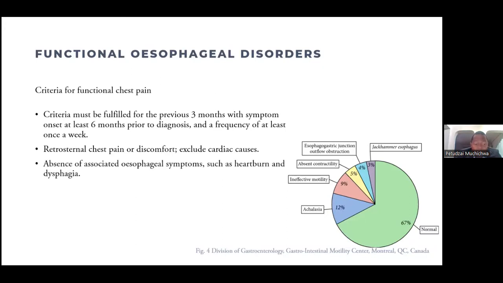The absence of associated esophageal symptoms such as heartburn and dysphagia. Then the absence of gastroesophageal reflux and or eosinophilic esophagitis as the cause of symptoms, so an endoscopy with biopsies of the esophagus is required.